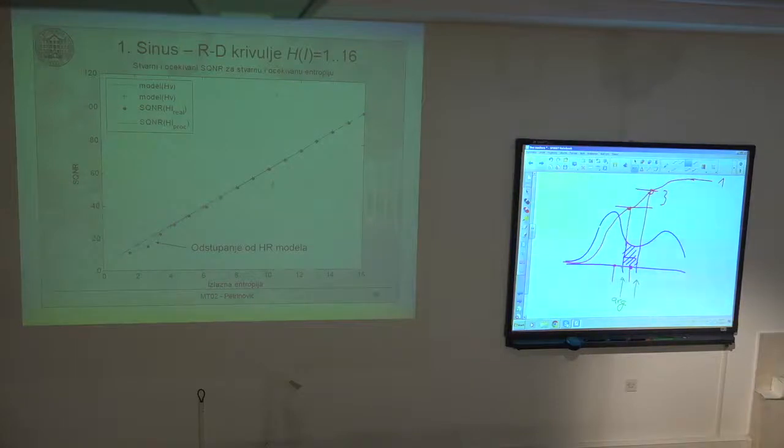And this deviation from the high rate model is practically largest for the sinusoidal signal. So the first one is the sinusoidal signal. It has the largest deviation from this high rate model. For the Gaussian noise, it is practically ideally fitted.